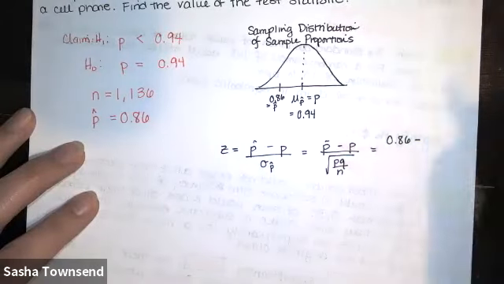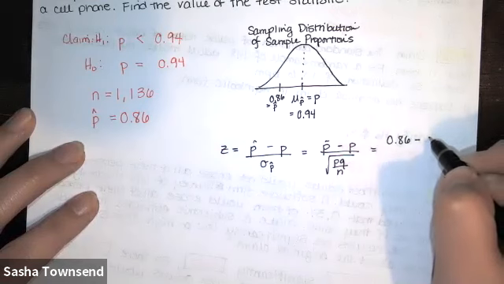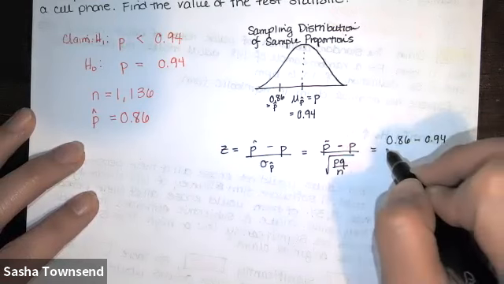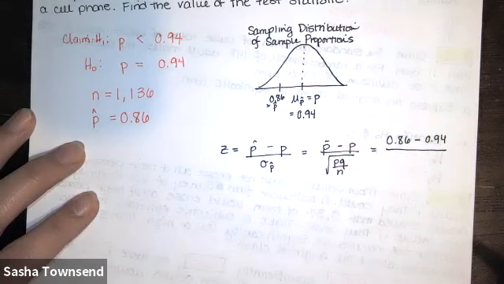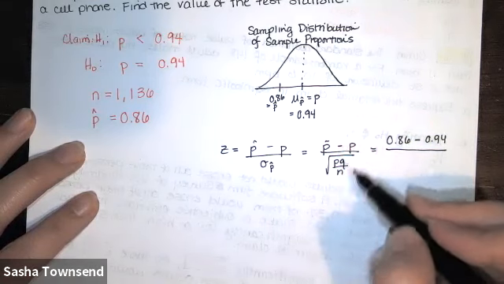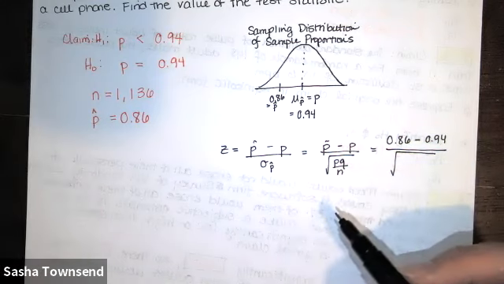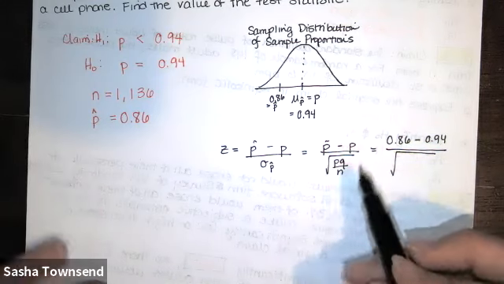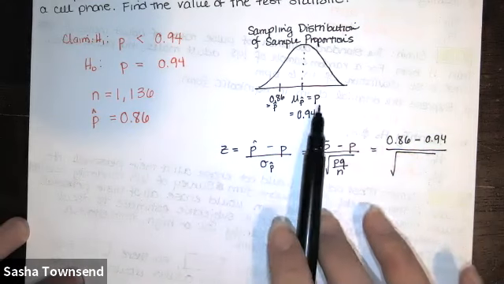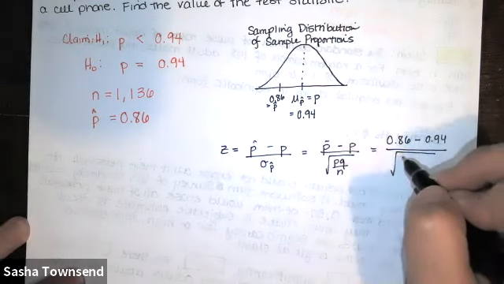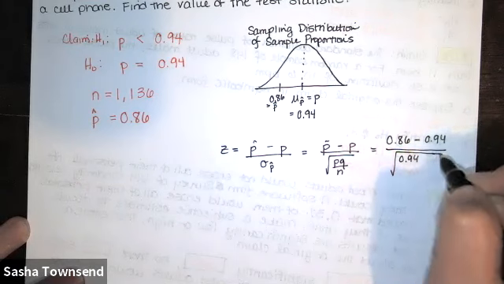I'm subtracting that population proportion that we're testing against. And then we divide by this. And here you're going to use the P value that you're testing against, so again, assuming that P is equal to 0.94. So we've got 0.94 here.